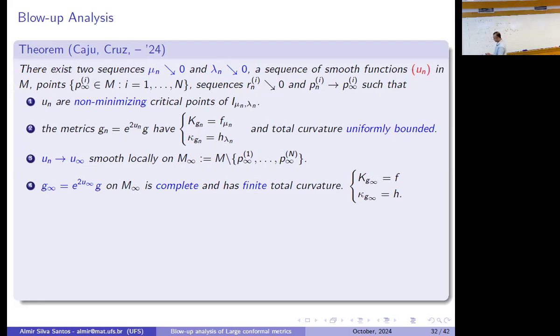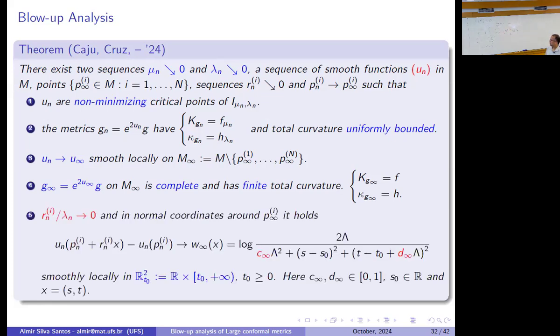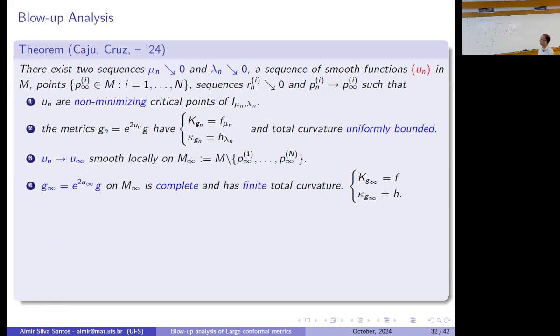And the metric g infinity is complete on the manifold minus some finite set of points, and it has finite total curvature. It's easy if you have these estimates. Just take the limit.